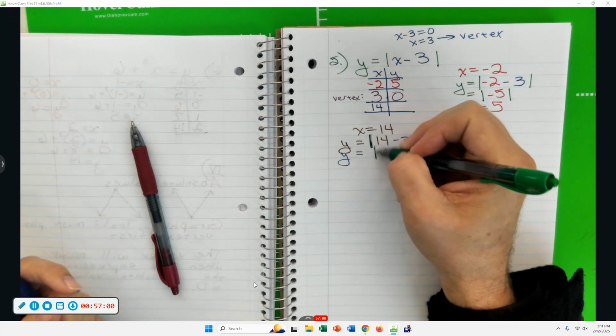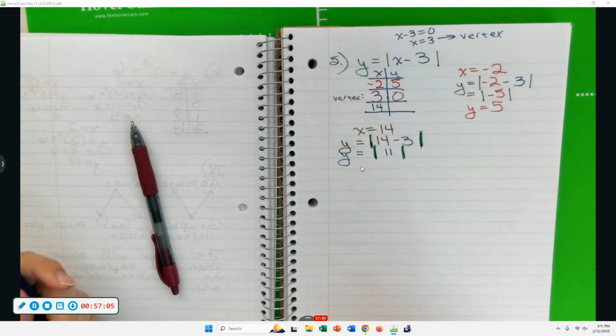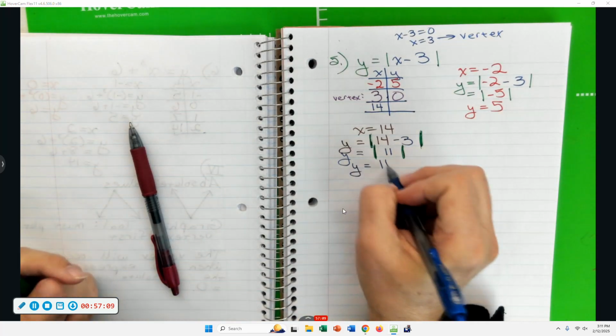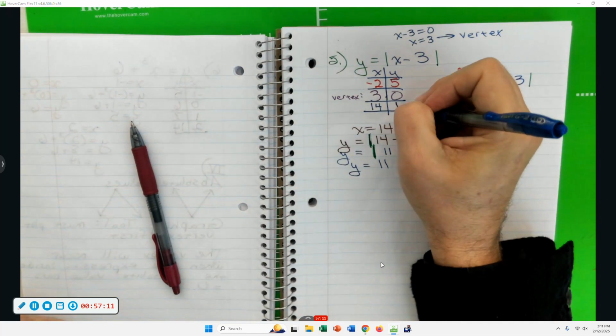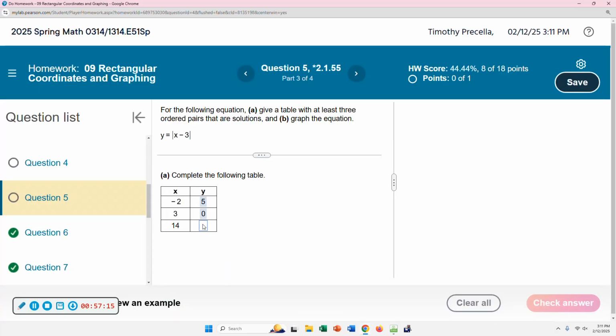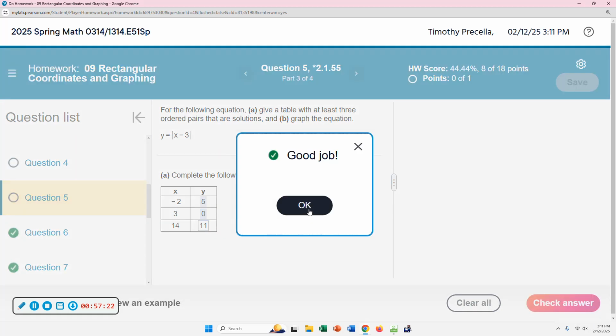I'll just make my absolute value bars bigger. What's the absolute value of 11? 11. Okay, there. Type that in. See if I got it right. This graphing tool that we're going to use here for the absolute value graph only requires 2 ordered pairs.